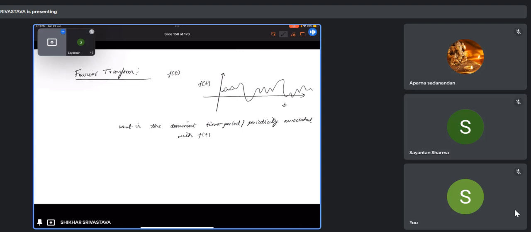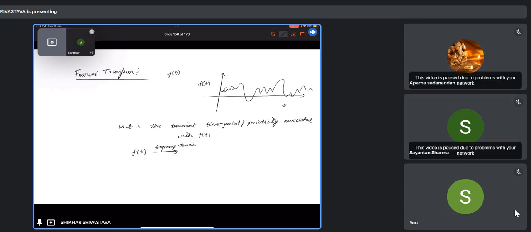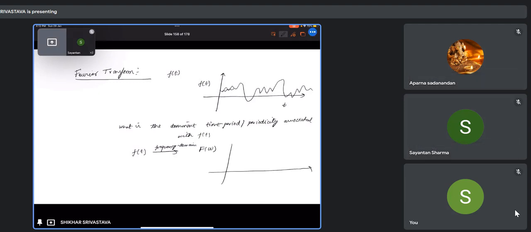In order to find that, we convert this signal from time domain to frequency domain, say f of omega, and then we plot the power spectrum. On the x-axis you have frequency, and on the y-axis you have some power.